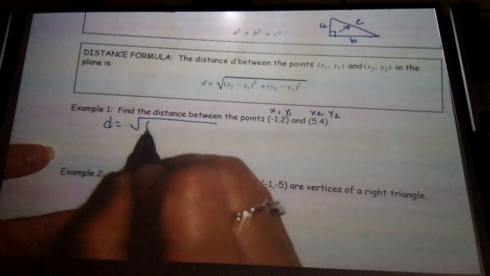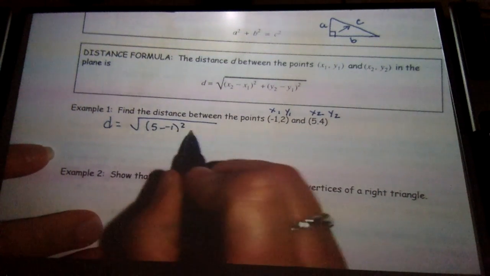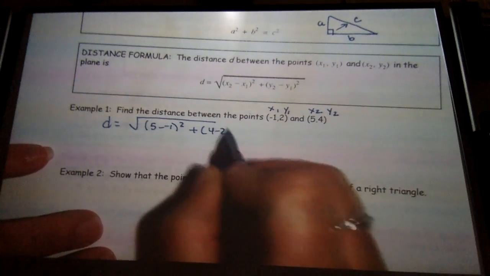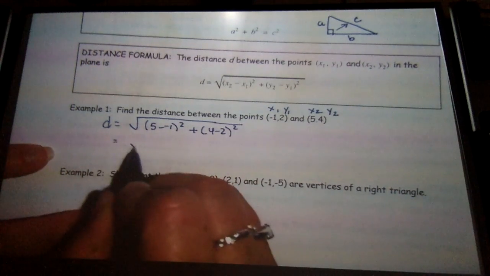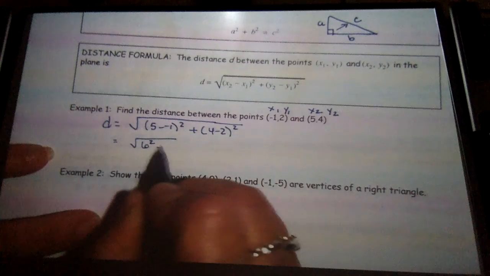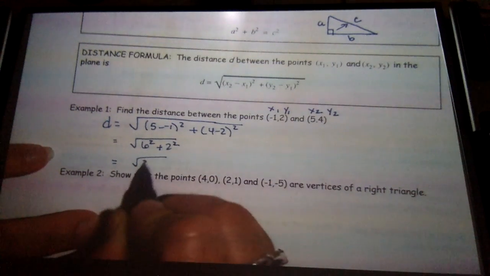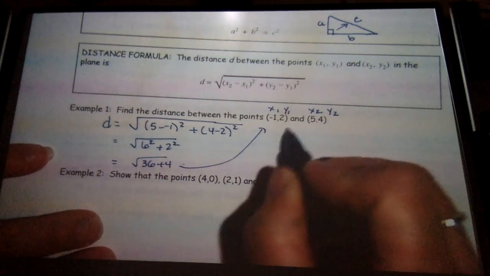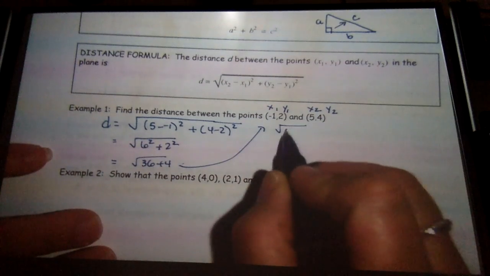So the difference in the x is 5 minus -1 squared plus 4 minus 2 squared. 5 minus -1 is 6. 4 minus 2 is 2. So 36 plus 4 gives us a square root of 40.